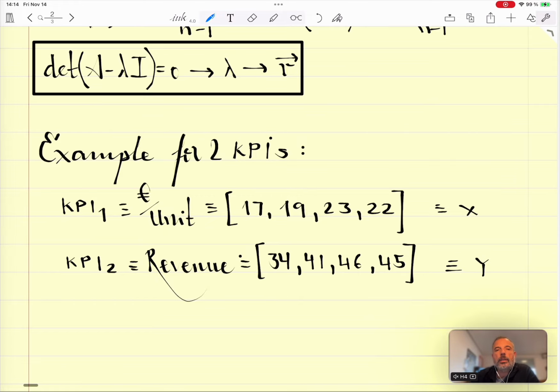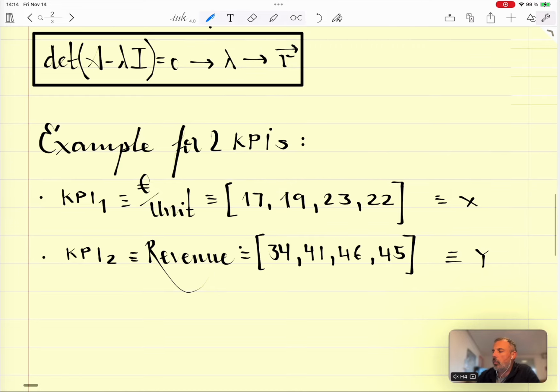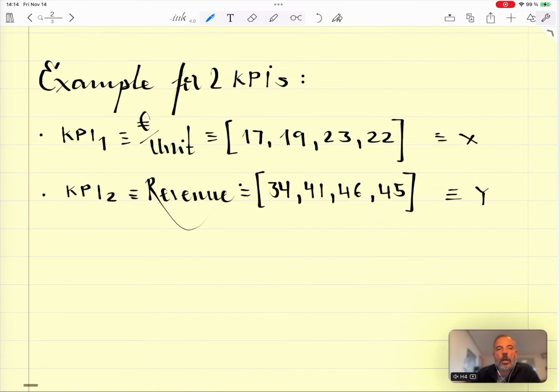So in this case, you don't need to standardize or normalize, because the range in which the data behave is pretty similar, so we don't need to make a normalization or standardization. You can do it, but it's not necessary. So first we calculate the covariance matrix.